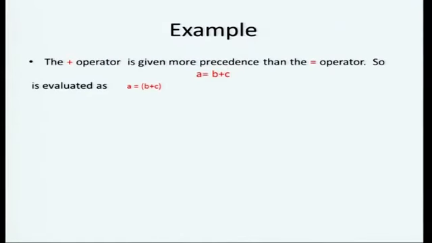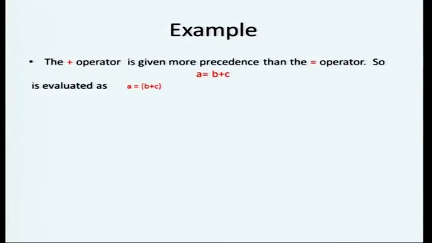We have already seen the notion of associativity, which is what happens when many occurrences of the same operator occur in an expression. Precedence, on the other hand, is to mediate between multiple different operations in the same expression. Let us see an example of using precedence.